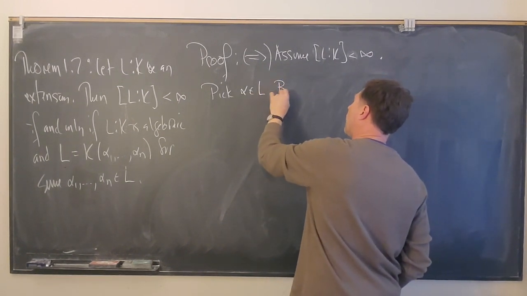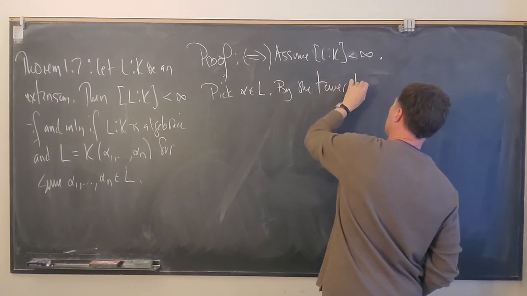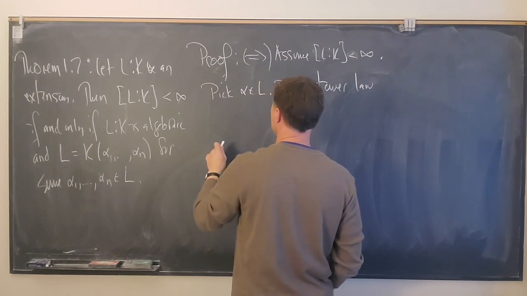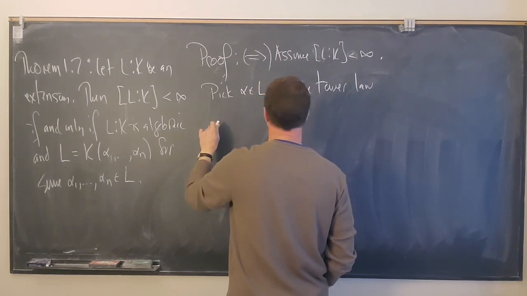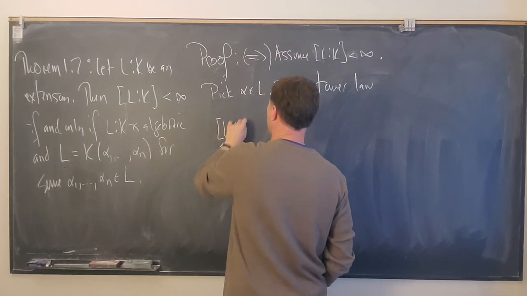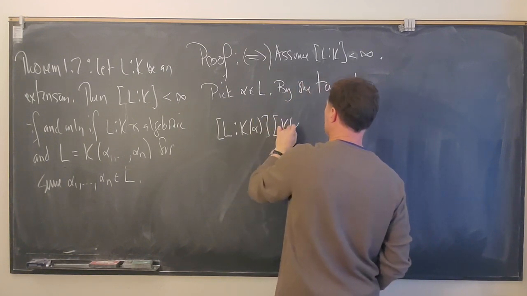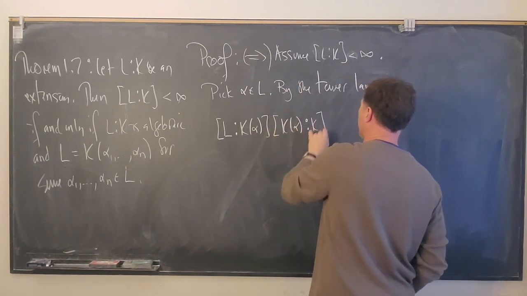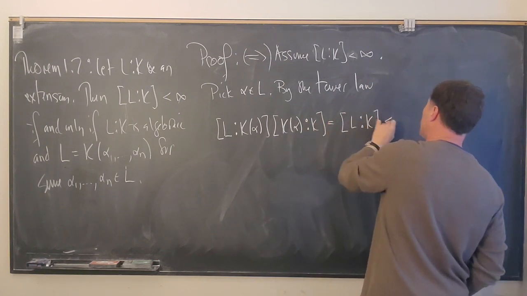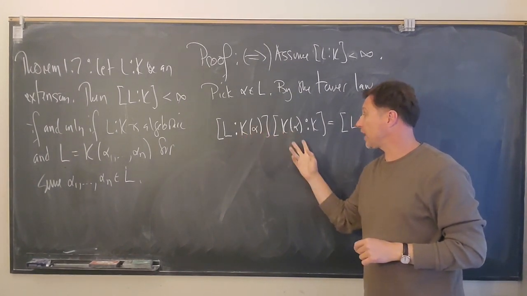Then by the Tower law, we have the degree of L over K adjoin alpha times the degree of K adjoin alpha over K equal to the degree of L over K, which we know is finite, which forces both of these factors on the left-hand side to be finite.